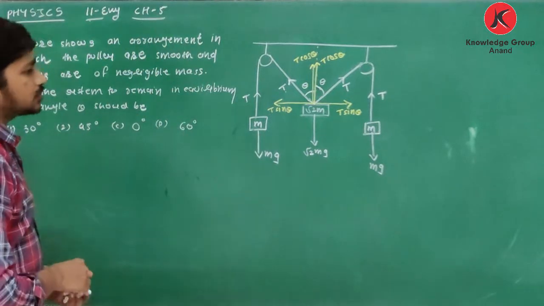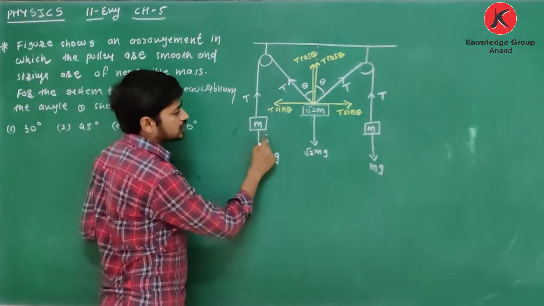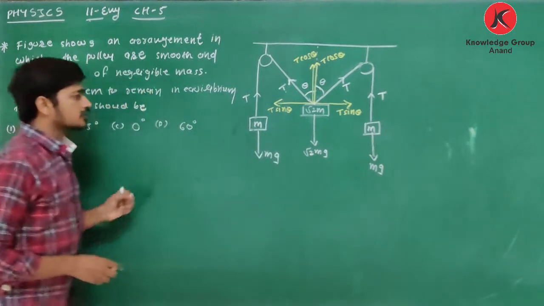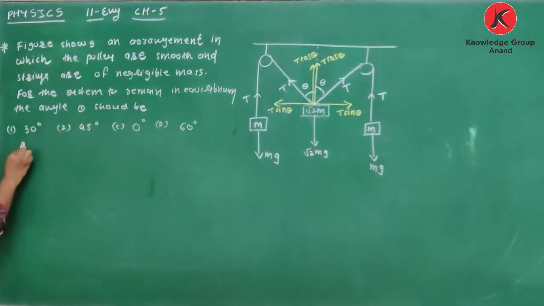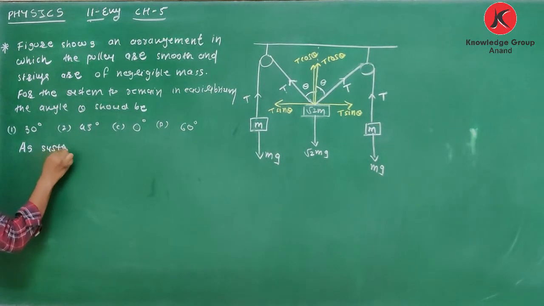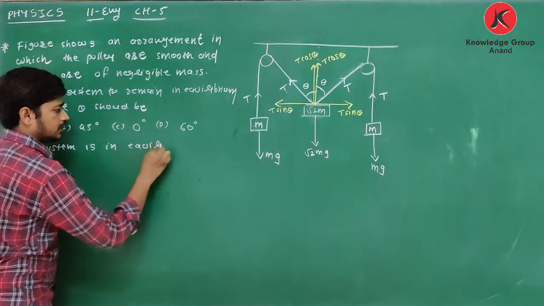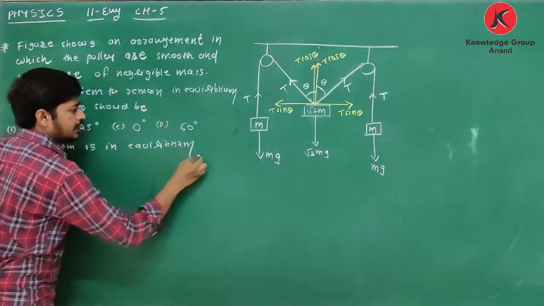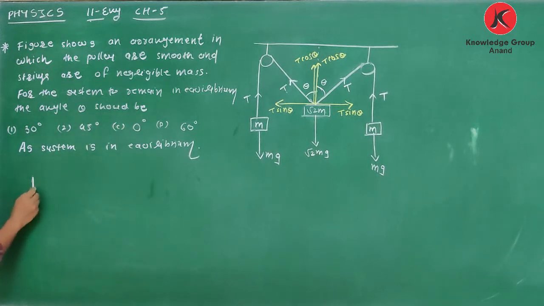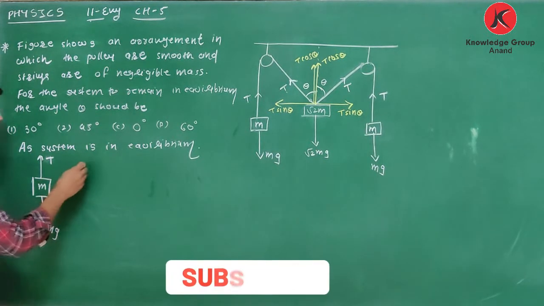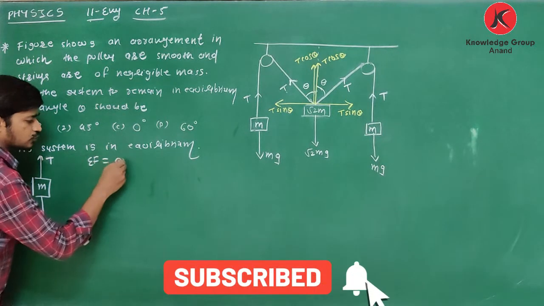So yes, this whole system is in equilibrium. So how to solve this question? First of all, I will consider only this block. As the system is in equilibrium, for the first block of mass m, in downward direction the force acting is mg, and in upward direction the force acting is T. As it is in equilibrium, we know that for equilibrium sigma F is equal to 0.